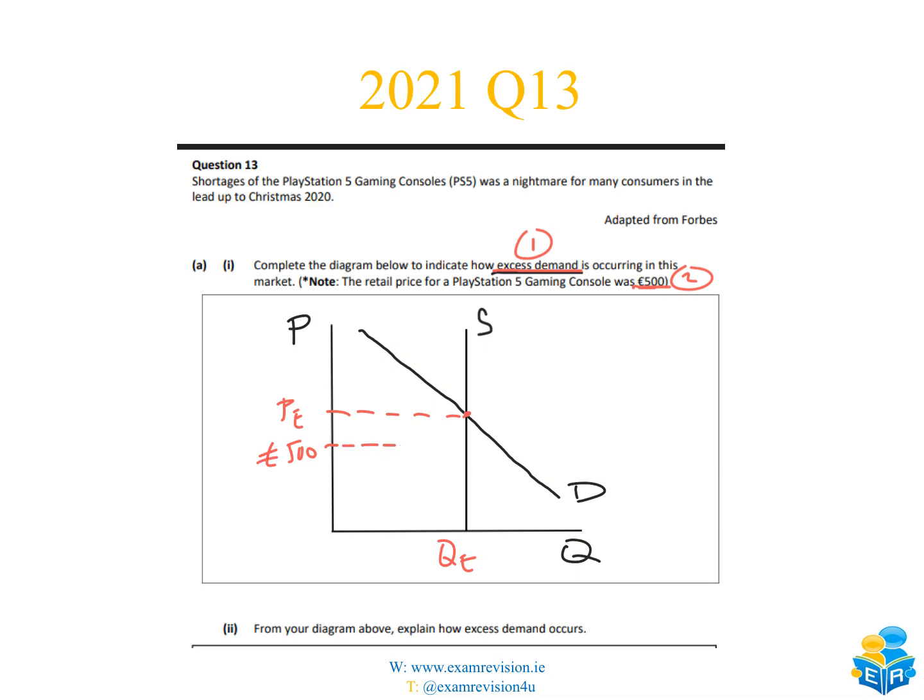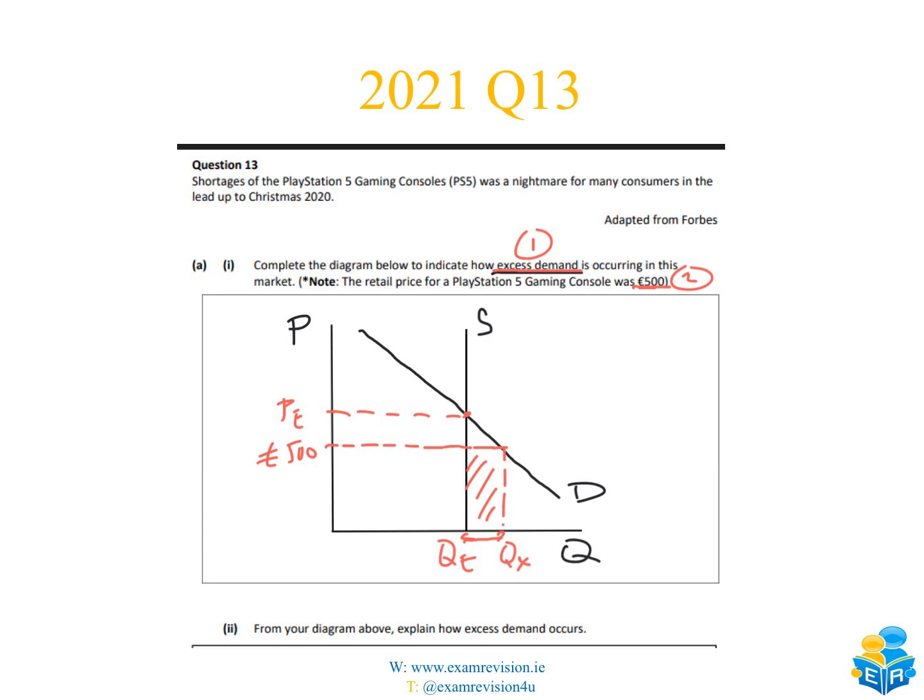Pick somewhere below the PE point and bring it across. So here is our excess demand, and we can call that QX, for excess demand. Essentially this block is going to be your excess demand, from point QE to QX. And that's your diagram drawn.